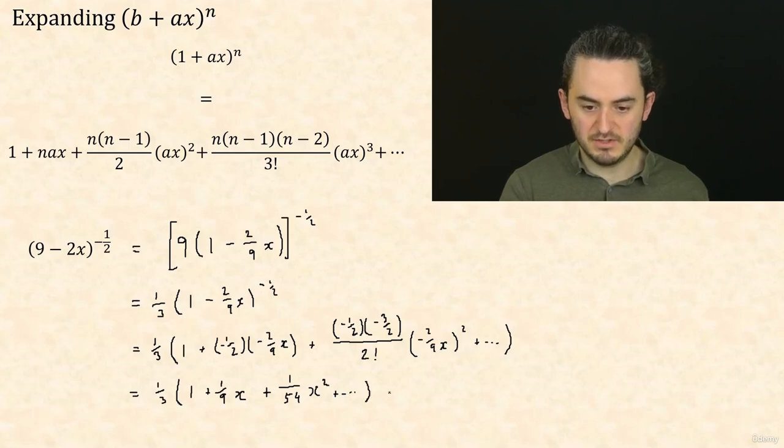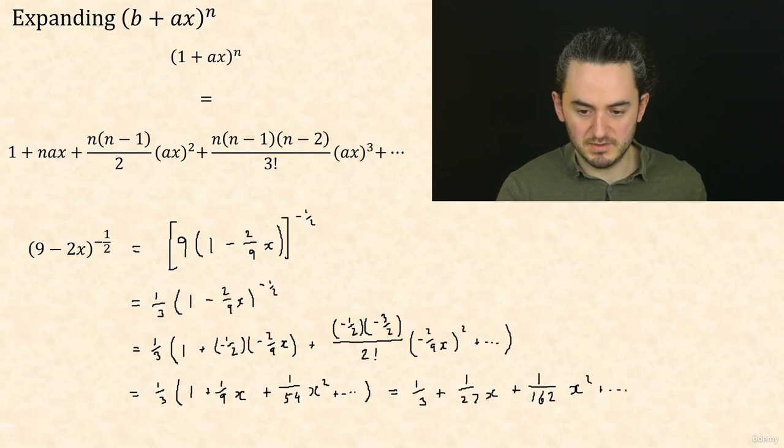And let's just expand it out a little bit. So 1/3 times 1 is 1/3. 1/3 times 1/9 is 1/27, and that's times x. And then the next one is 1/3 times that, which is 1/162 x squared. So there's my expansion, plus dot dot dot.